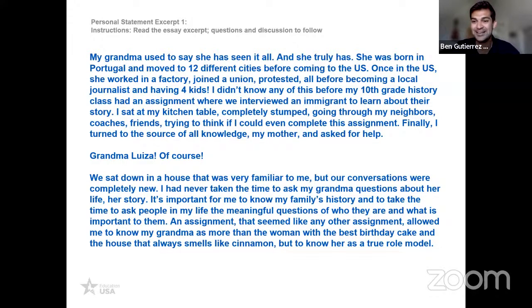The student is not telling us about creating a device that is going to change the world. They're just telling us about an interaction and how they look up to their own grandmother. And so I think another big takeaway is that this is a good essay in the making, because it is starting to tell that story that is authentic to that student.